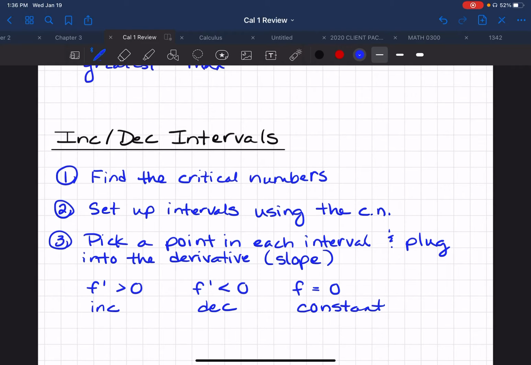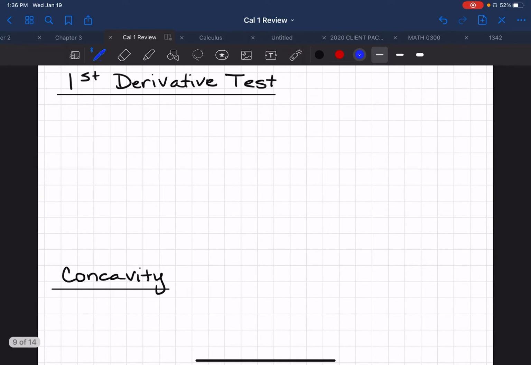Let's look at your first derivative test. The first derivative test can be used to find local or relative min and max, which is on an open interval usually. So when you're asked to find local, it doesn't have to be the absolute min or max.